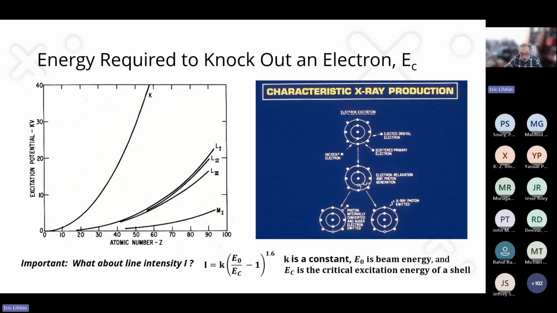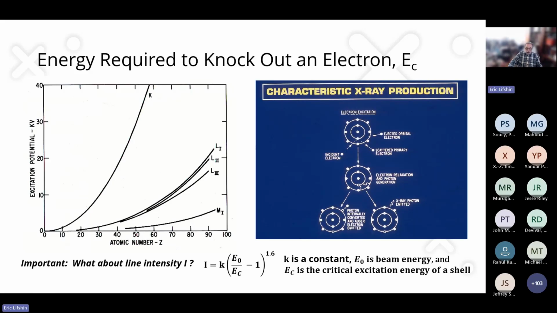Furthermore, if you look at this rather crude equation down here, it says that the intensity of the line is proportional to the ratio of the beam energy divided by this excitation energy, minus 1, raised to some power. 1.6, 1.7 is only an approximation.